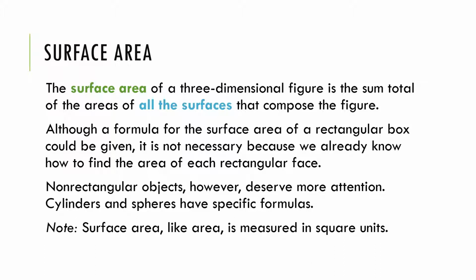However, if we're dealing with non-rectangular objects like cylinders and spheres, they have specific formulas that we can use to find the surface area. I'll show you both of those formulas before this video ends. And one last note, the surface area, just like the area from section 8.1, is measured in square units.